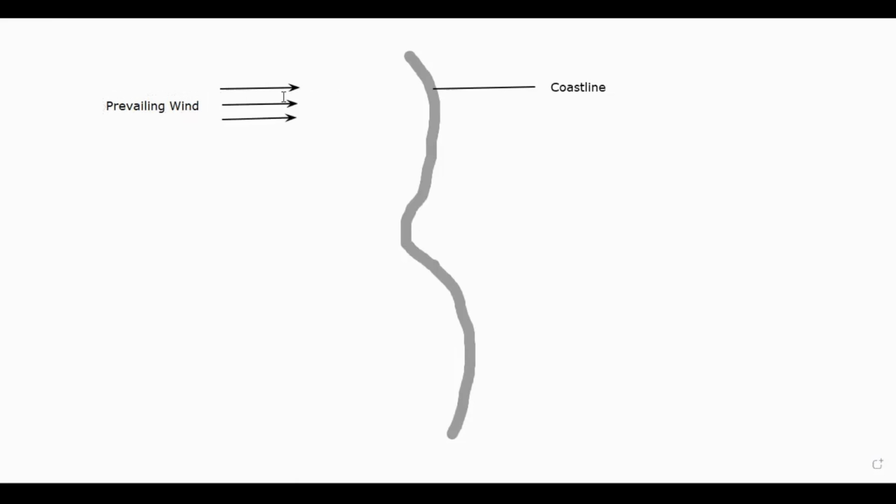Right? So we have a prevailing wind that is blowing towards the coastline and causing longshore drift to occur. So now it's time to draw on longshore drift. We draw sand and sediments that are moving along the coastline.